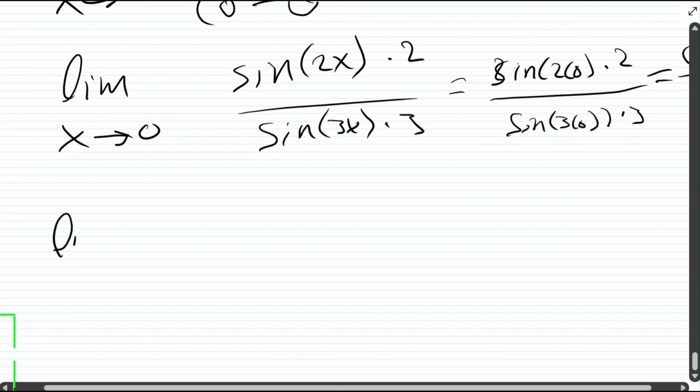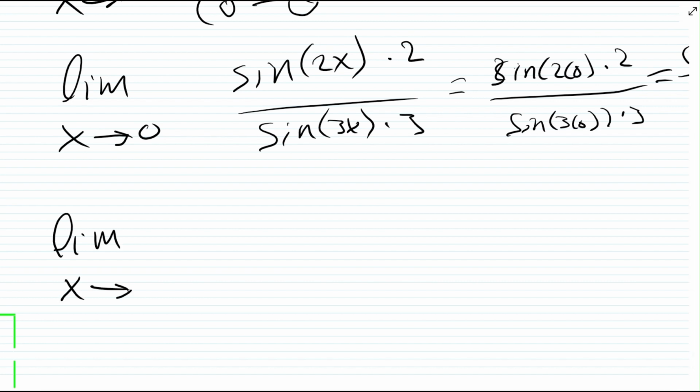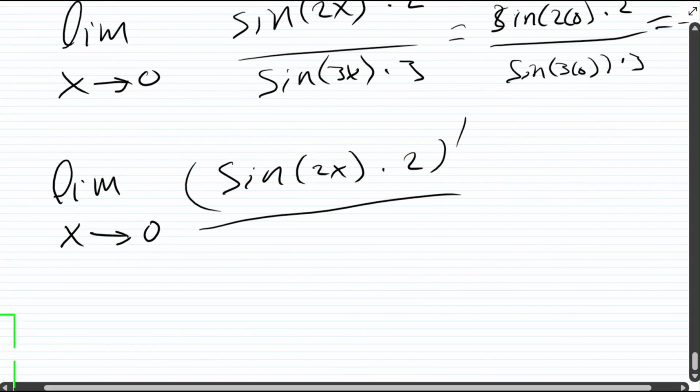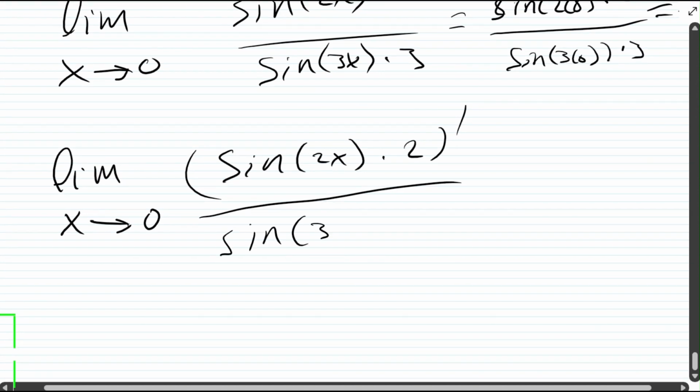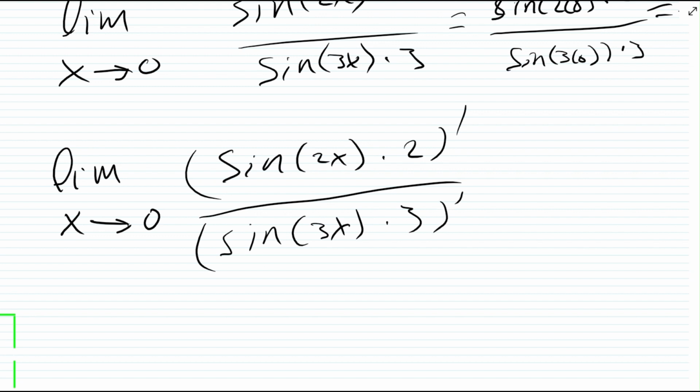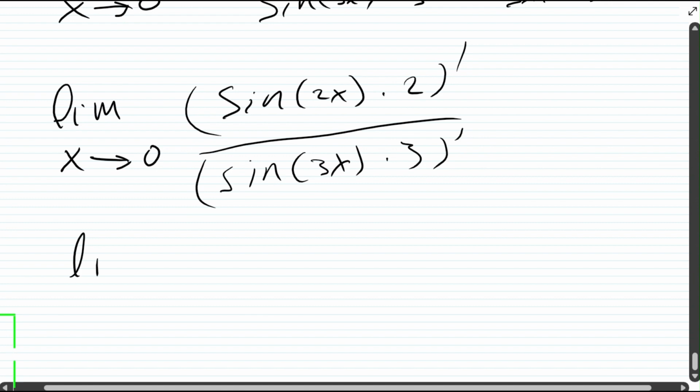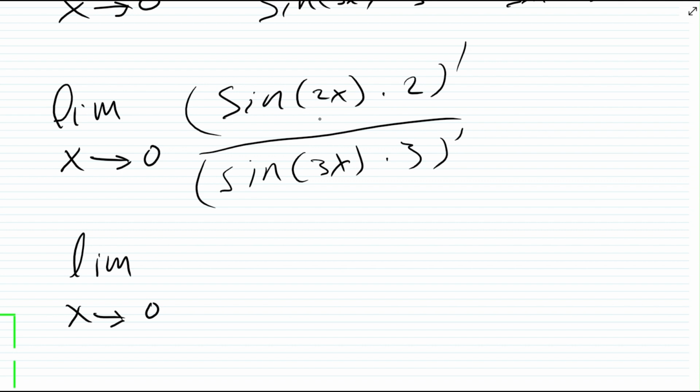So the limit as x approaches 0 of sine 2x times 2 over sine 3x times 3. We are going to differentiate both the top and the bottom again. So in that case, we will end up getting the limit as x approaches 0. The derivative of sine is cosine.